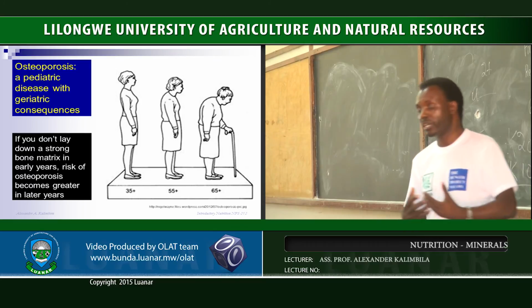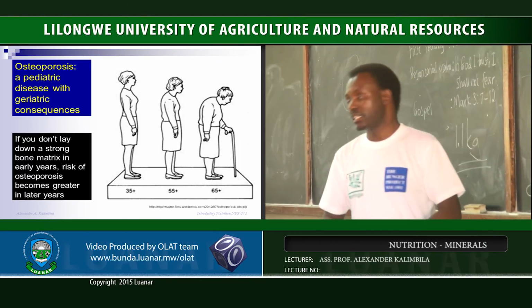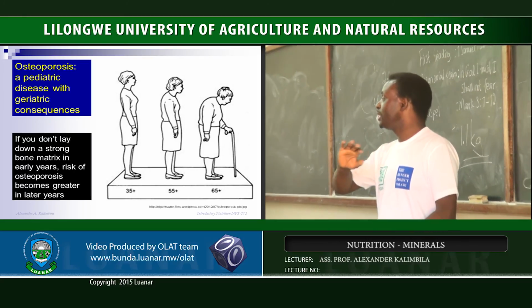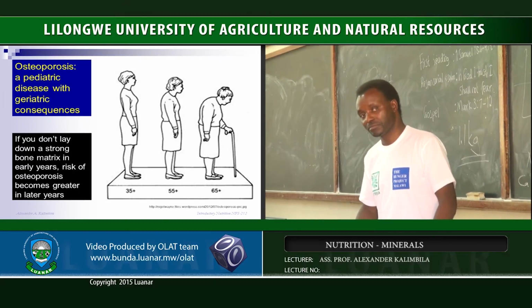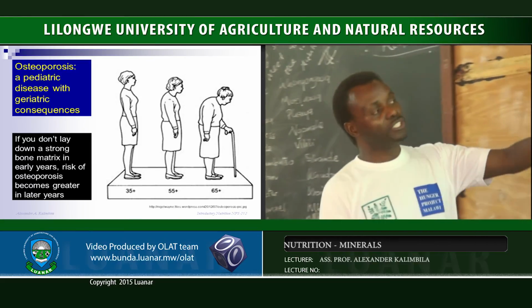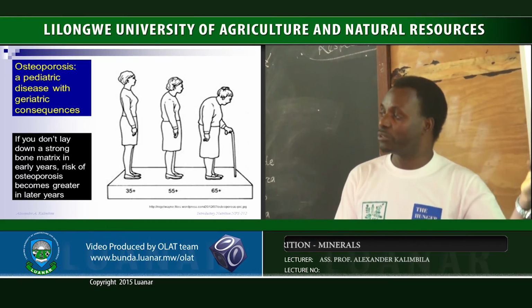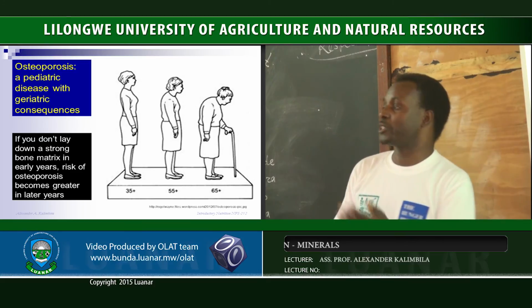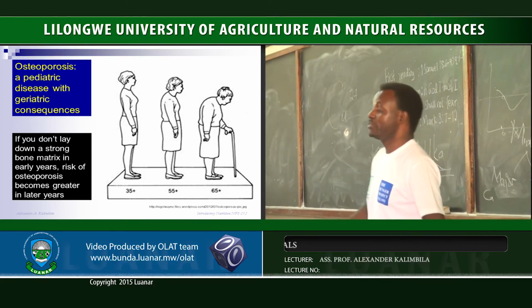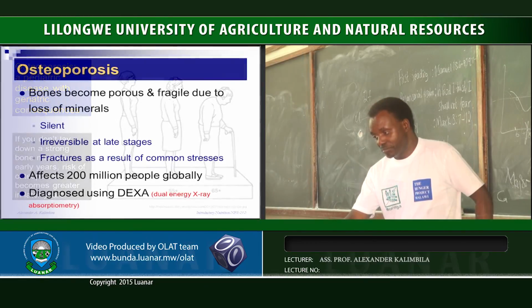When you don't eat well, you are committing dietary sins. And it catches up with you when you least know it is. So the issue is that if you don't lay down a strong bone matrix in childhood, don't think that post the age of 30 you will. You just have to live with whatever.